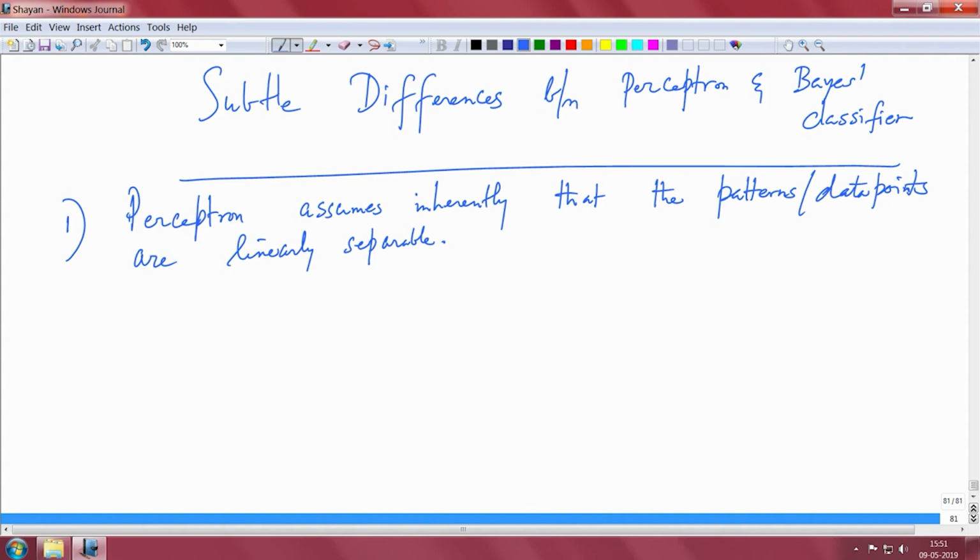But this is not the case in the Bayes classifier. You live with an error because you may have patterns that overlap and you may have to figure out a decision boundary based on that. So, I will write this in red. This is not the case in the Bayes classifier.